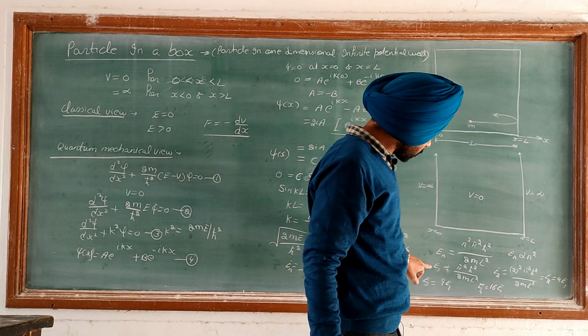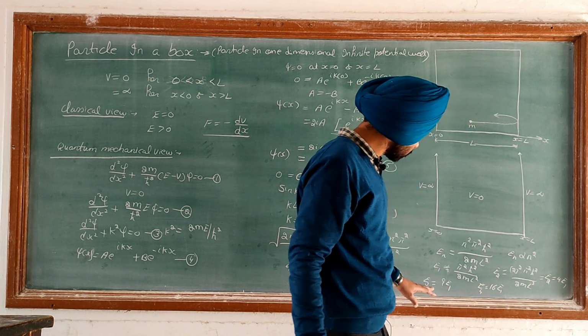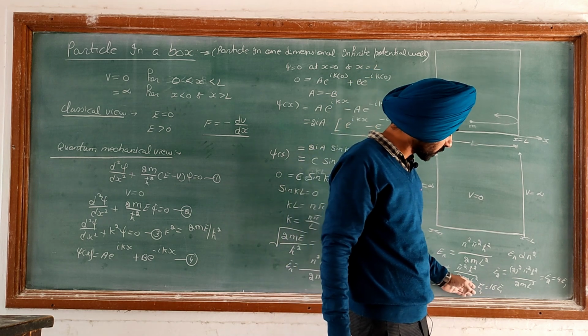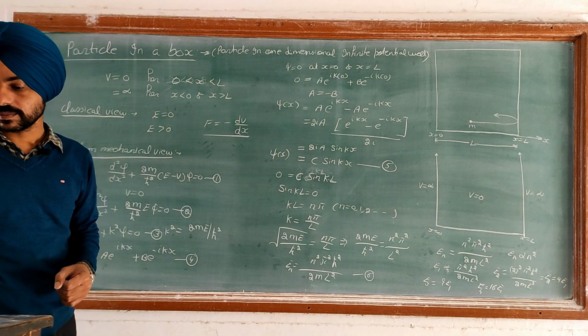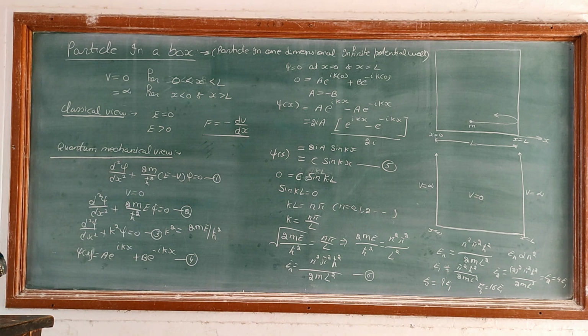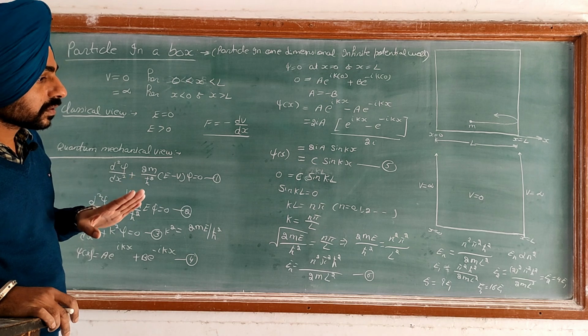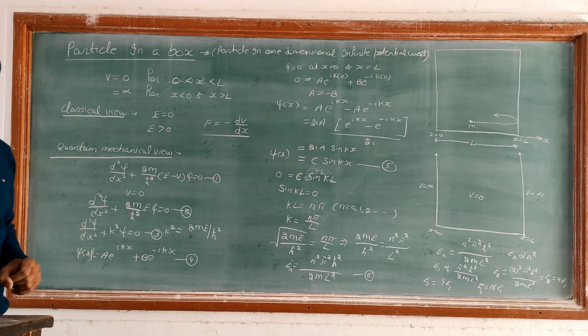That means if the first level energy is E1, the second level is 4 times the first level, the third level is 9 times the first level, and the fourth level is 16 times the energy of the first level, that is E1, and so on. Thus the particle can have any value given by E1 or 4 times E1 or 9 times E1 or 16 times E1, hence the energy is quantized. Classically energy is in continuum, but quantum mechanically we find that energy is quantized.